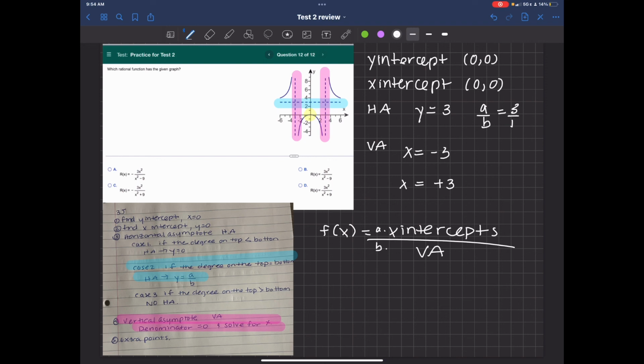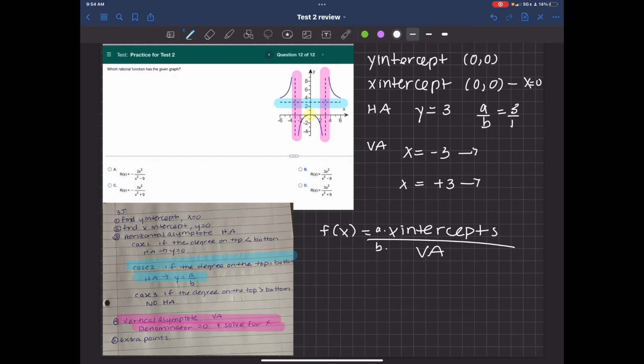So let's go ahead and put this together. Since my x-intercept is 0, that means that my factor is going to be just x, because x equals 0.